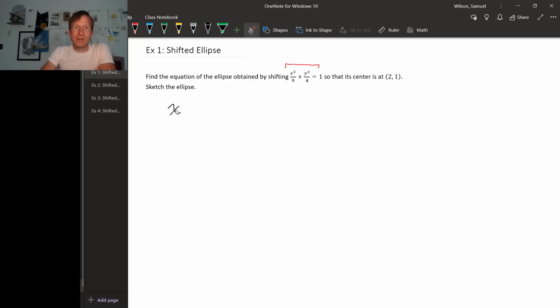So we're starting with x squared over 9 plus y squared over 4 equals 1. And we need to shift in the x direction by 2, right? Because originally the center of this ellipse that we start with is at (0, 0).